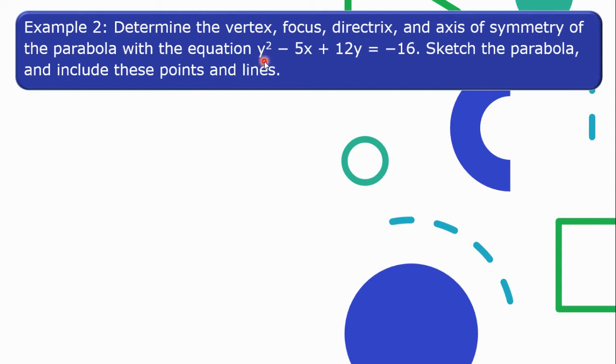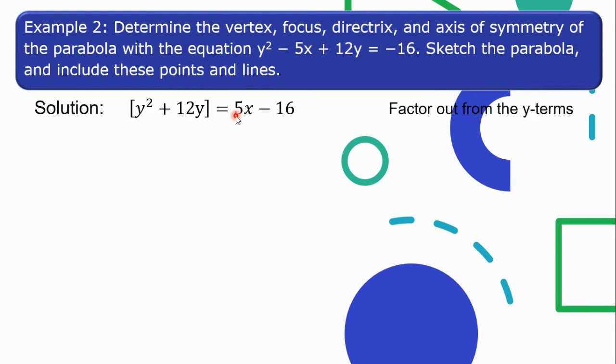Since the squared variable is y, the parabola opens either left or right. To find out, we transform it into standard form. So we group the y variables and separate the other terms.